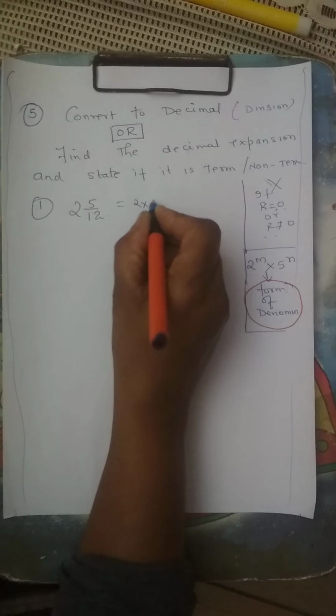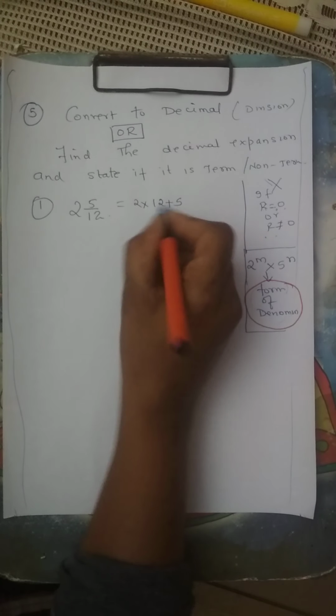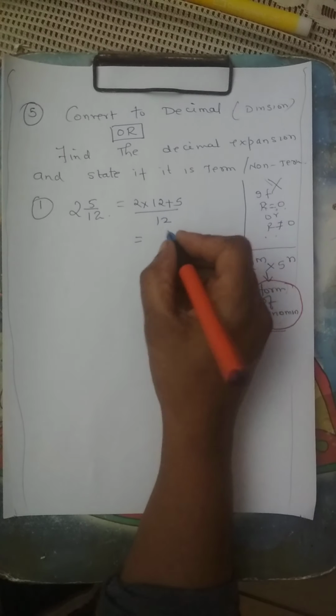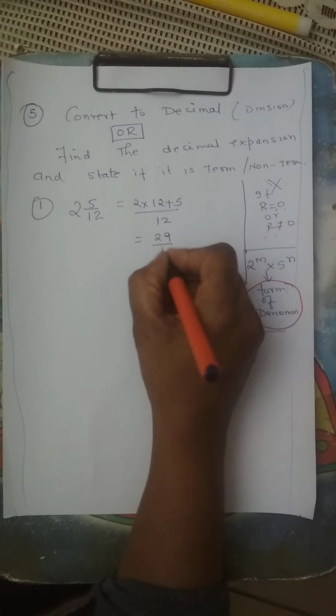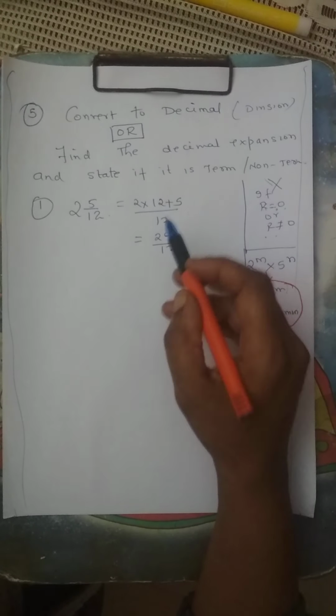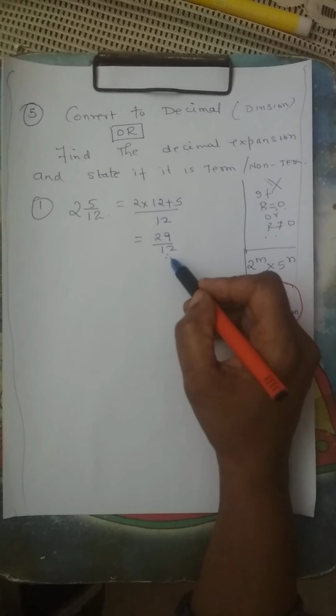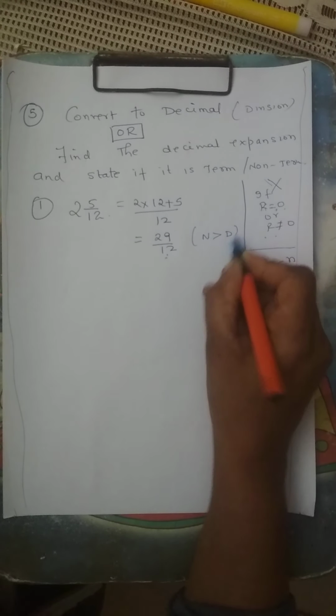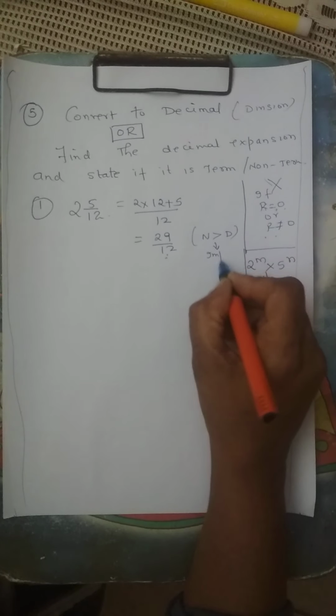2 into 12 plus 5 upon 12. 2 into 12 is 24. 24 plus 5 is 29. 29 upon 12. So how to convert this? This was a mixed fraction; this is an improper fraction. Let's revise our fractions. When the numerator is greater than the denominator, it's called improper.